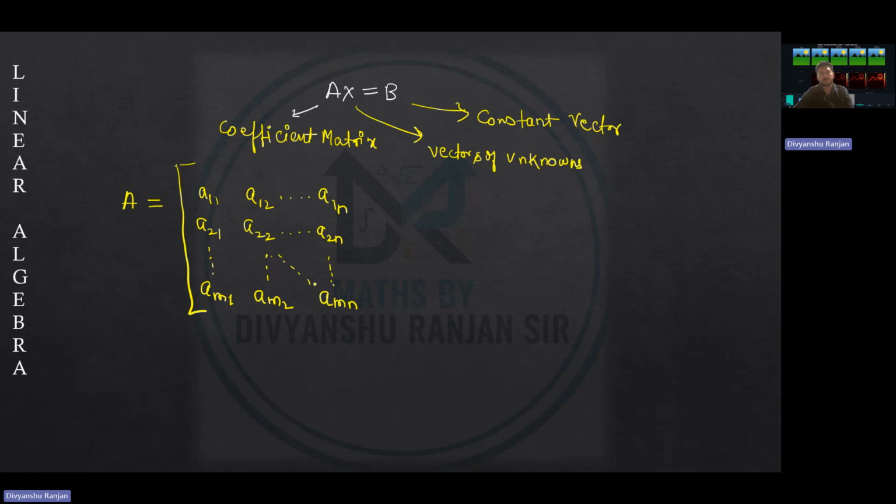These are the coefficient matrix, and this is of type m cross n dimension. Here we write x like this, that is x is your vector of unknowns, x1, x2 up to xn.